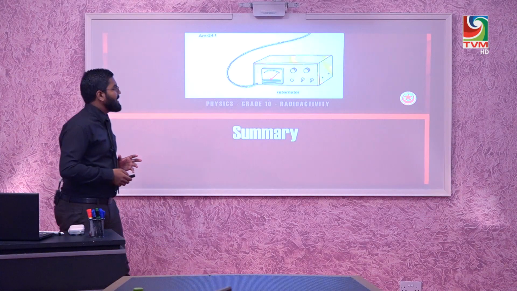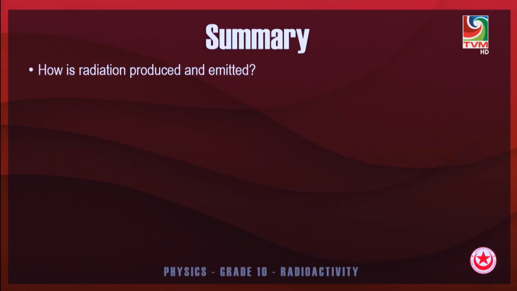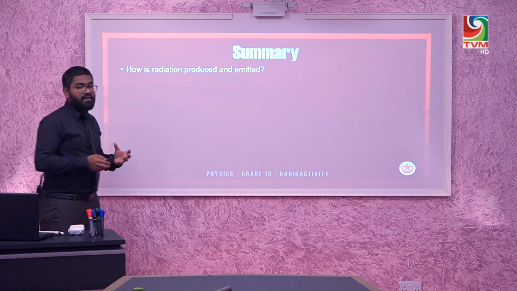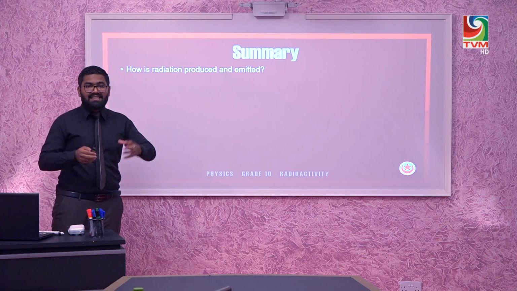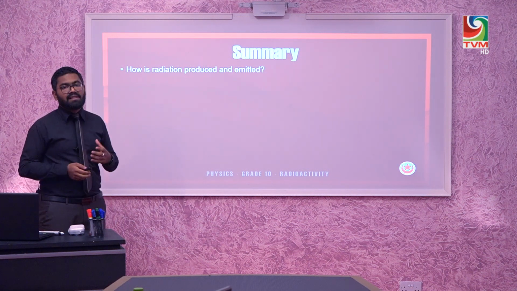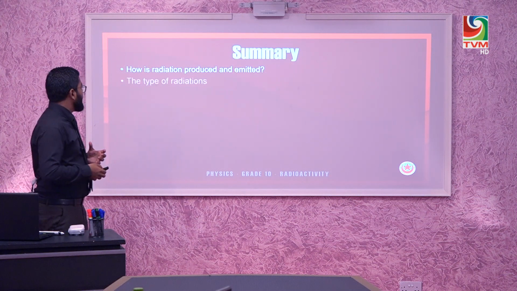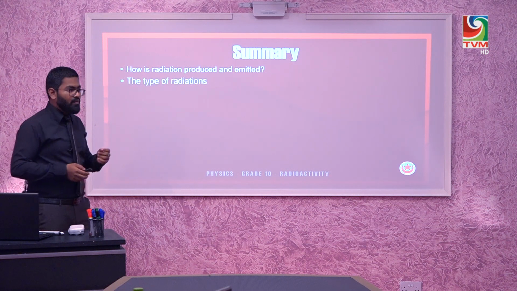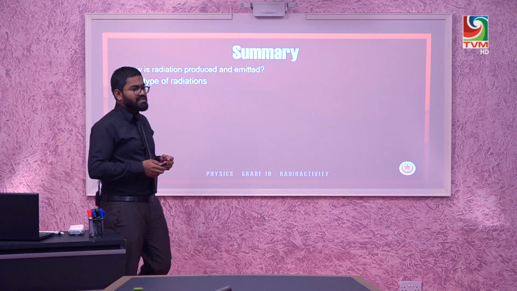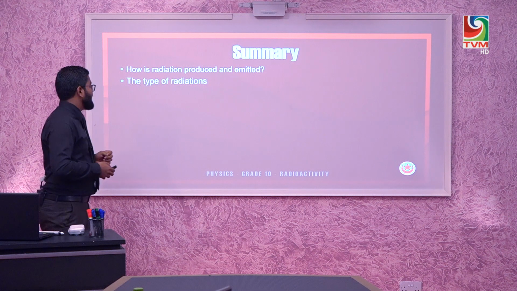So let us summarize what we have learned today. How is radiation produced and emitted? As we have explained, radiation is emitted from inside an atom, from an unstable nucleus. In order to become stable, it undergoes radioactivity and emits radiation. When an atom undergoes radioactivity, three types of radiation are emitted, namely alpha, beta and gamma.